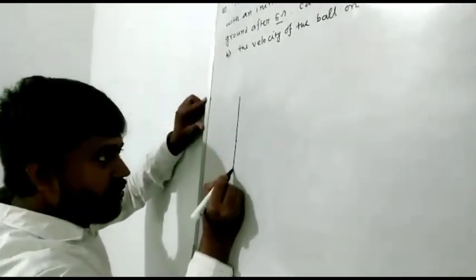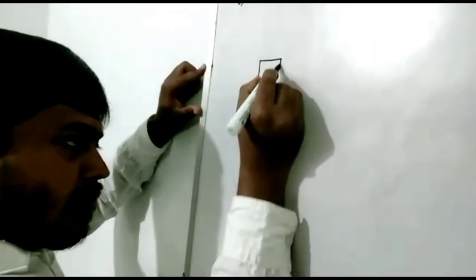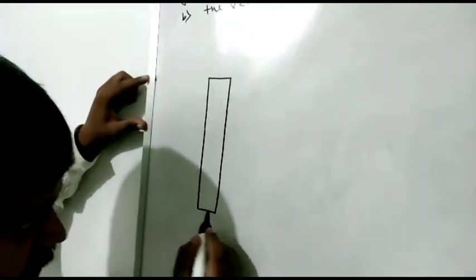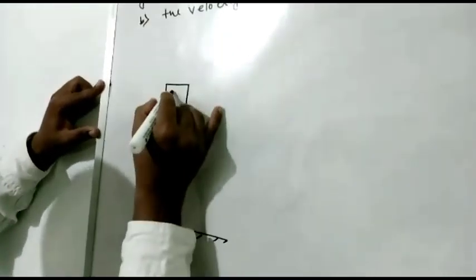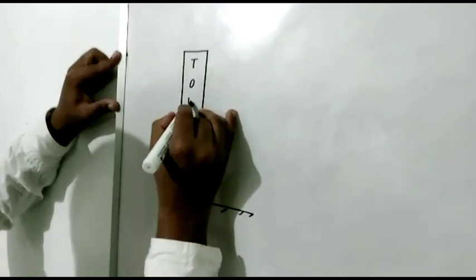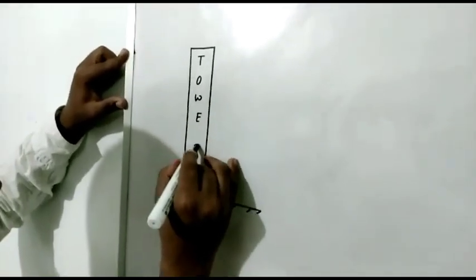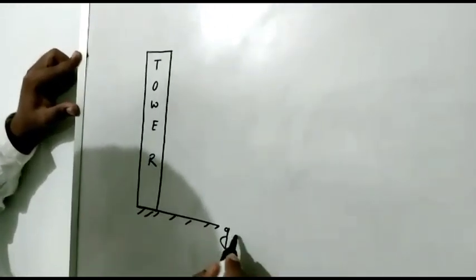Now students, suppose this is one tower, and this is the level of the ground. T-O-W-E-R, tower. And this is the ground.